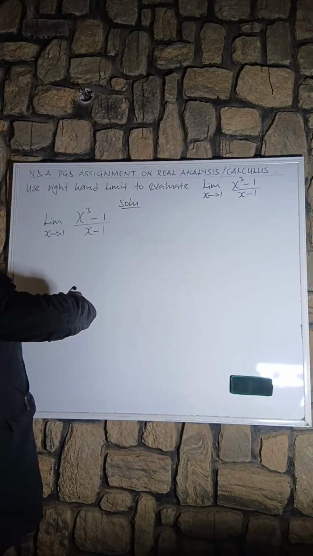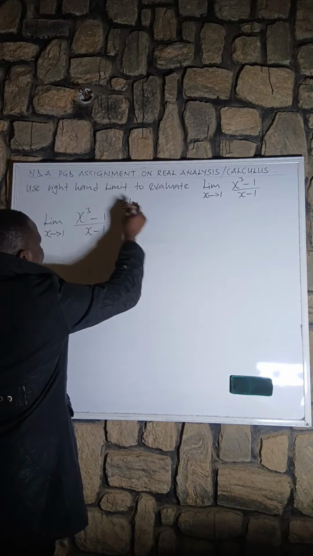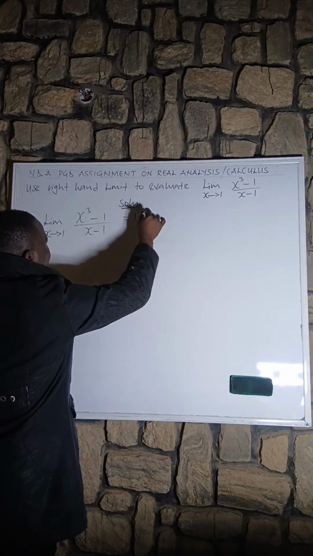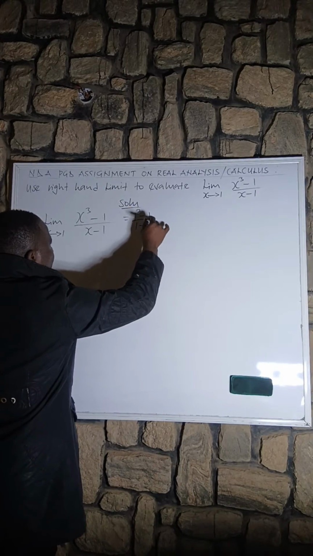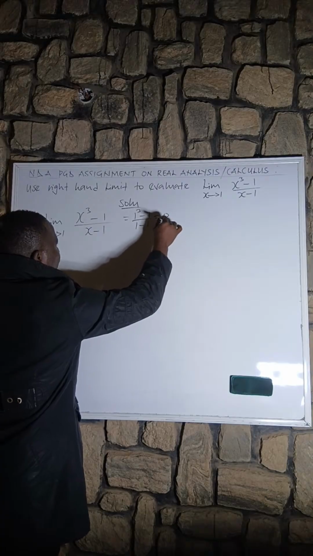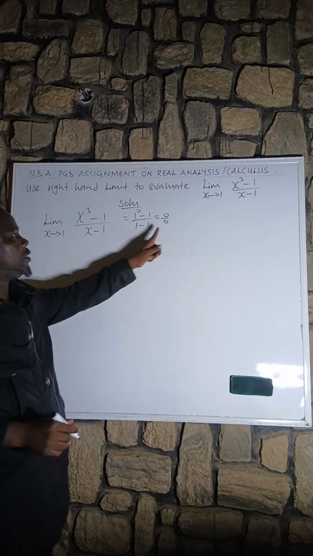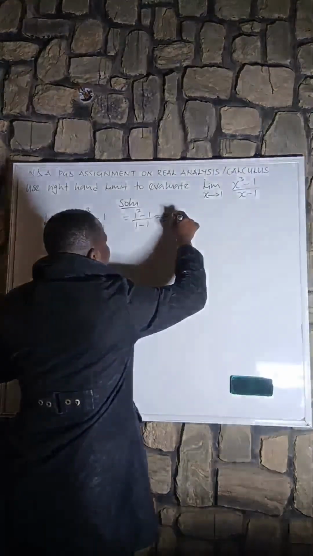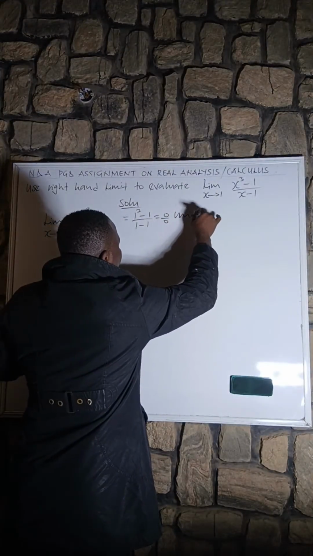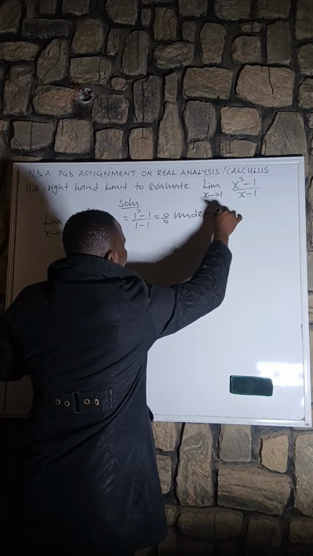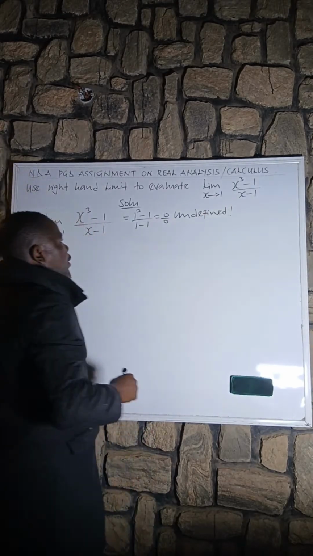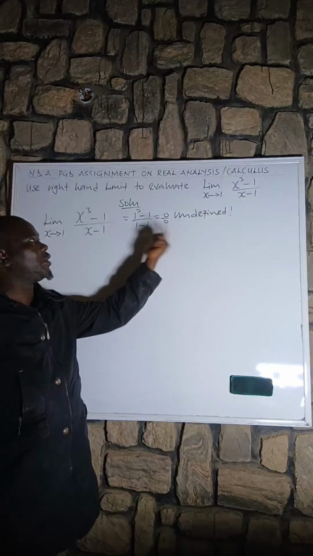Why? Let's just substitute in: 1 minus 1 all over 1 minus 1. This is 0 all over 0. So the limit here is undefined, right?